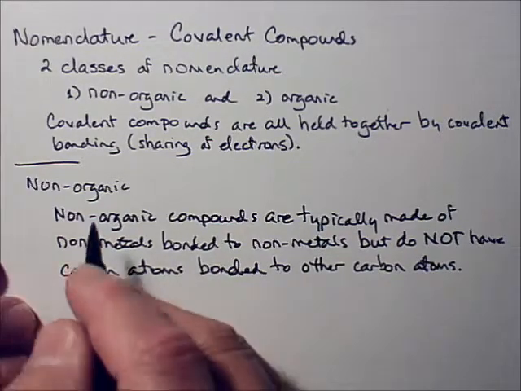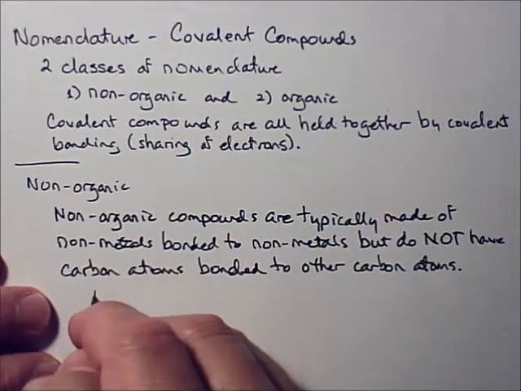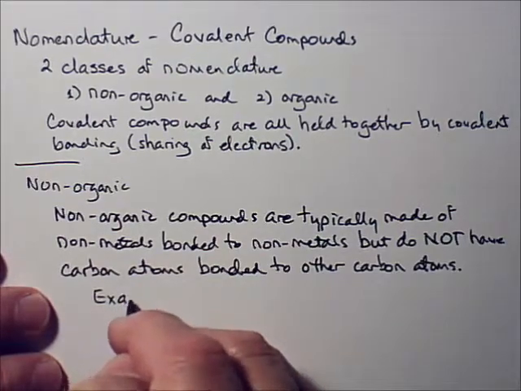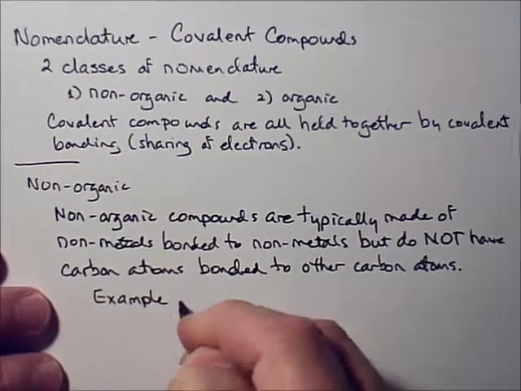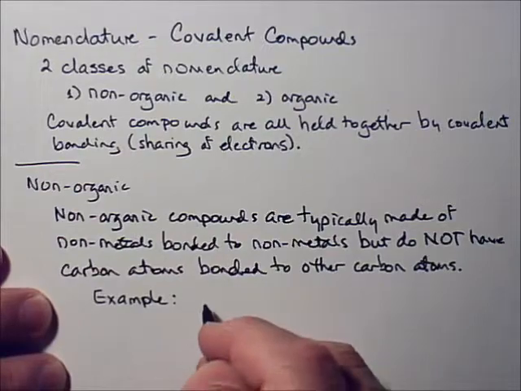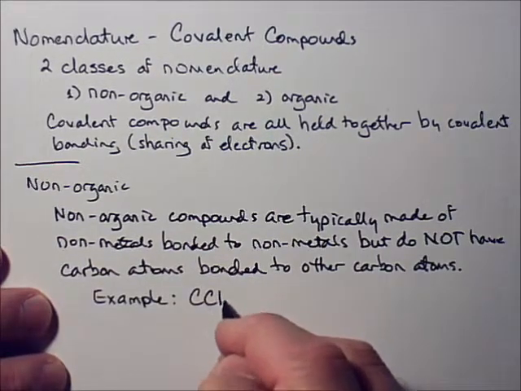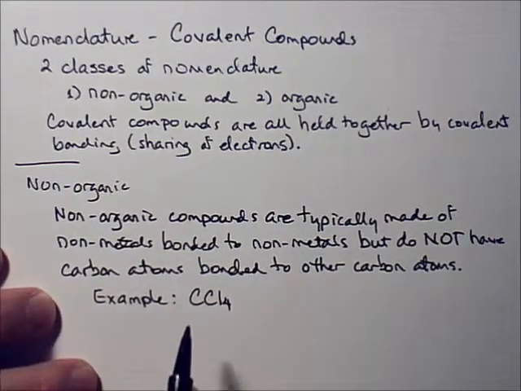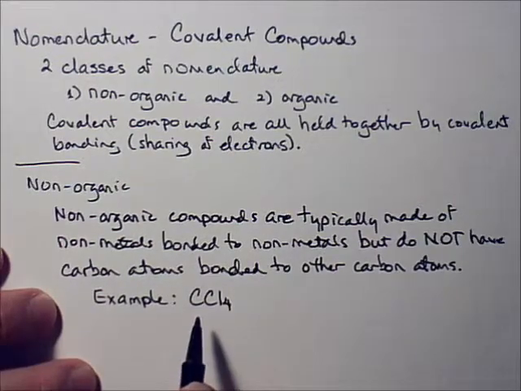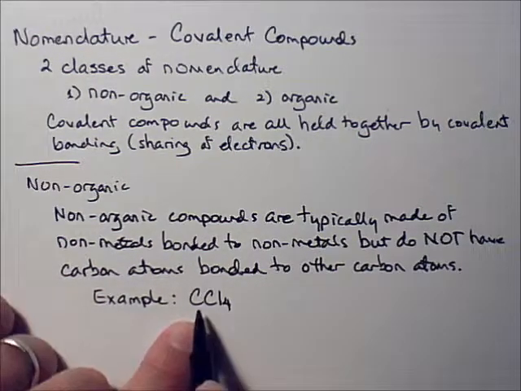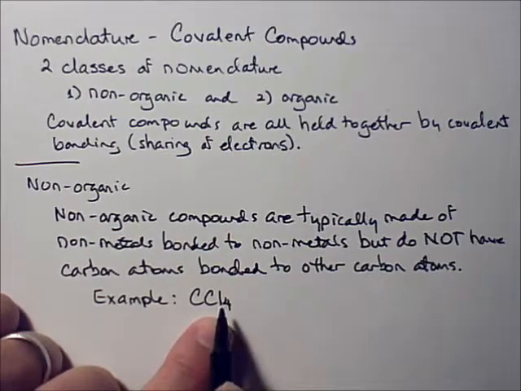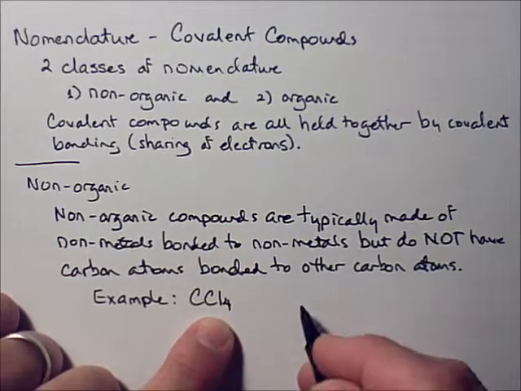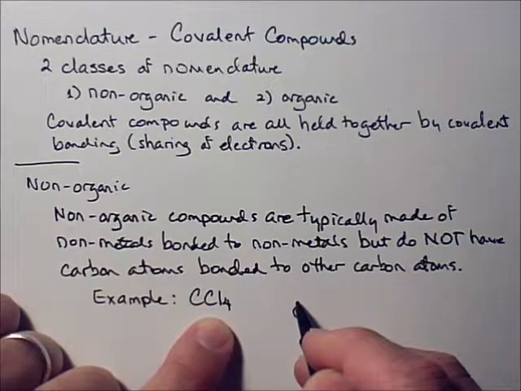I'll give you an example of non-organic first. This is a non-organic compound. We have a carbon atom in the formula, but there's no carbon atom bonded to another carbon atom.